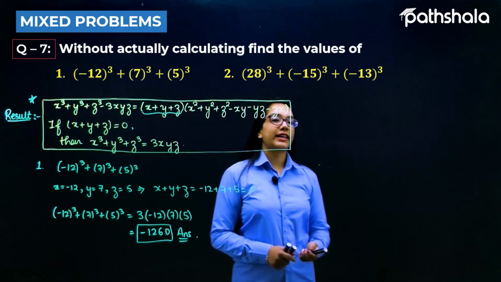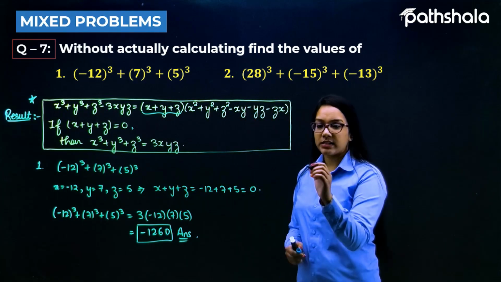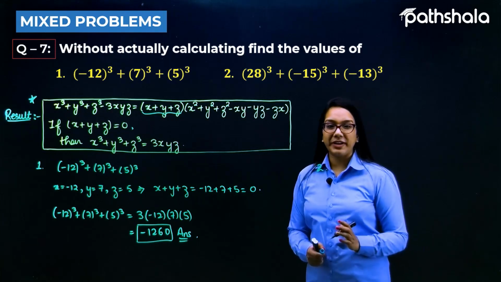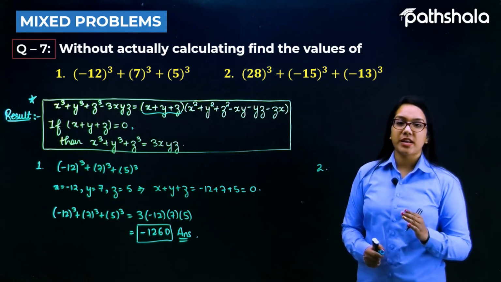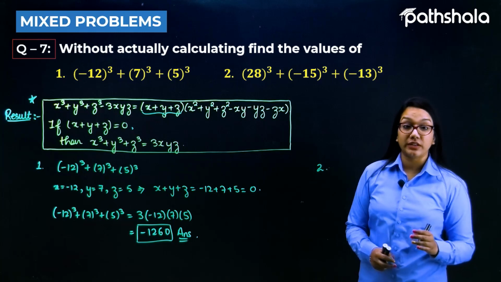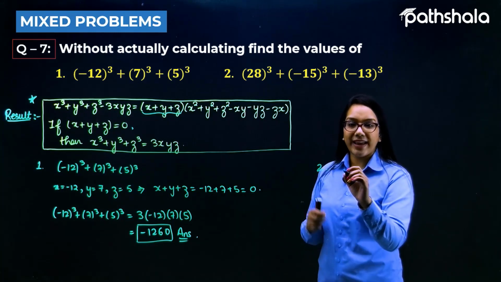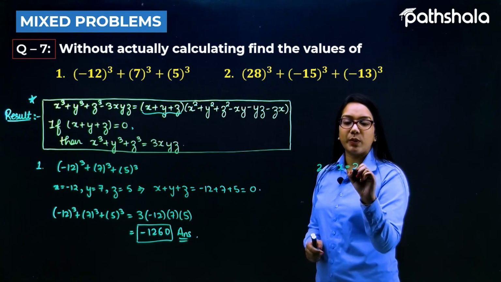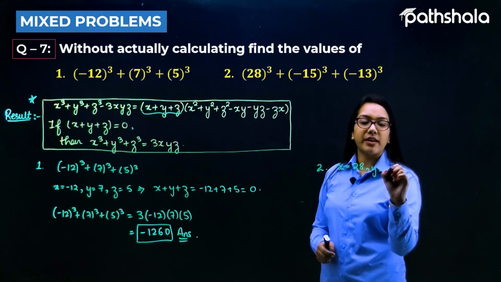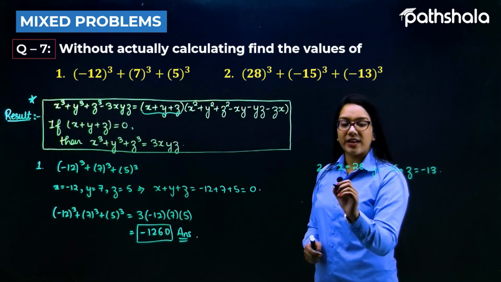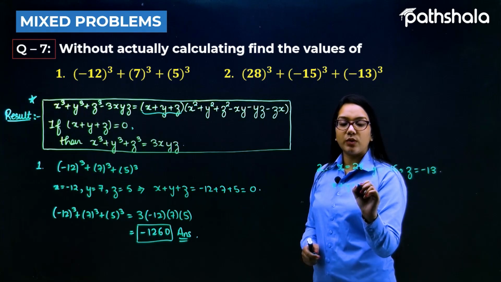So let's see the second part. We can rewrite the second part as 28 whole cube plus minus 15 cube plus minus 13 whole cube. So the value of x over here is 28, y is minus 15, z is minus 13. Let's check whether x plus y plus z is equal to 0 or not.